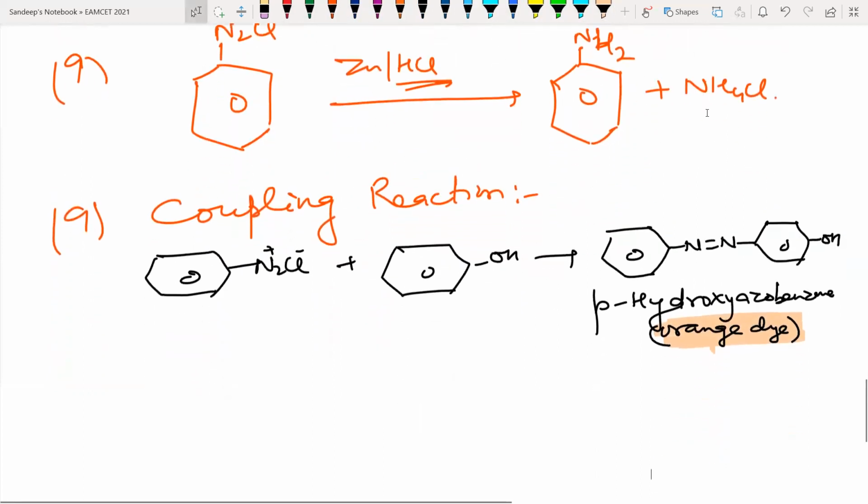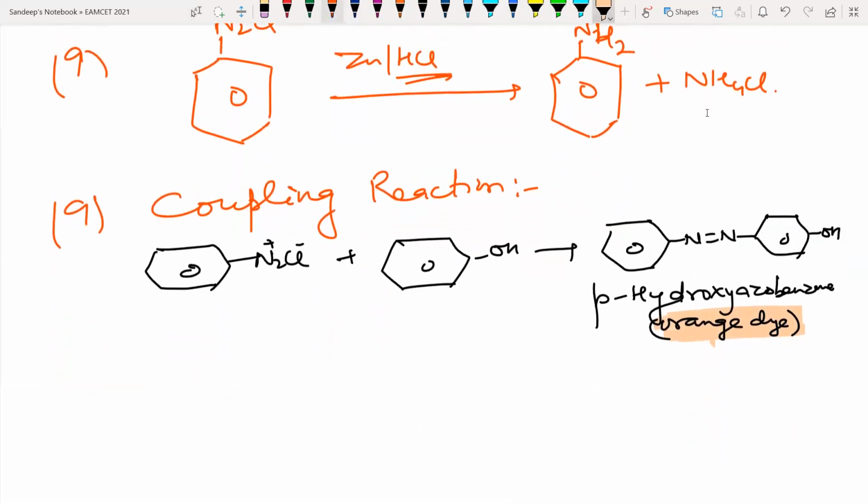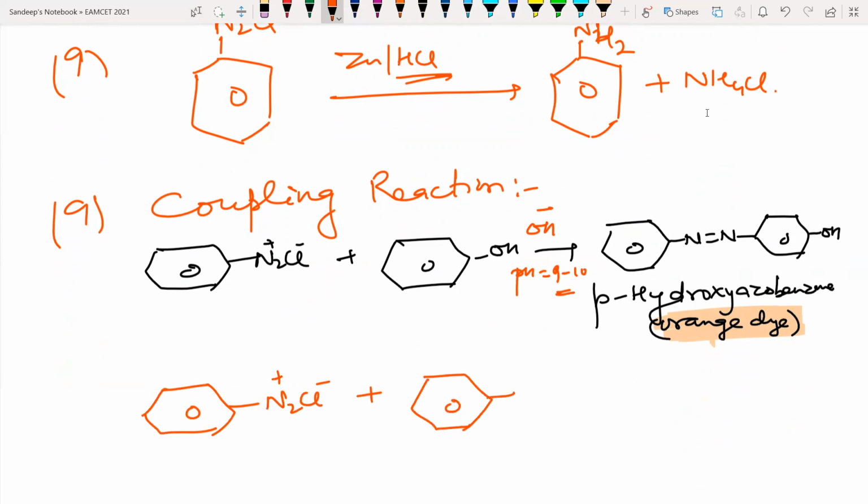Since phenol is acidic in nature, this reaction occurs in basic medium, pH around 9 to 10. Now, when benzene diazonium chloride reacts with aniline, a similar reaction happens. This occurs in acidic medium, pH around 4 to 5.